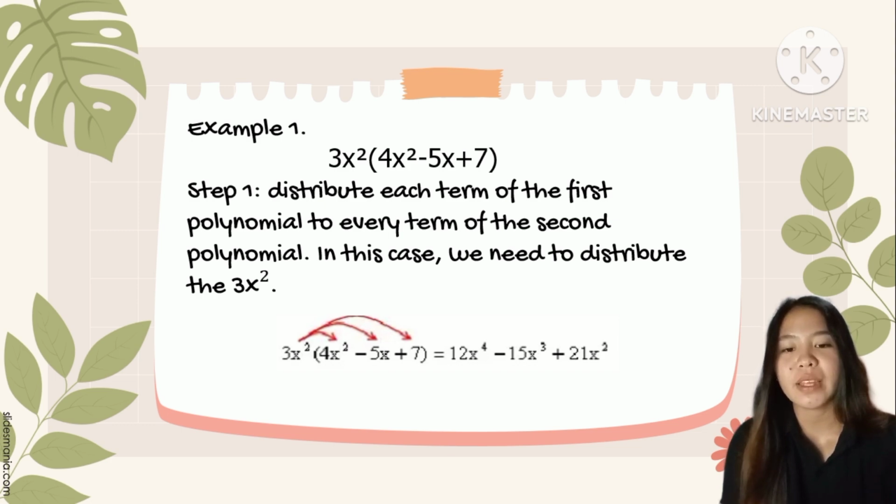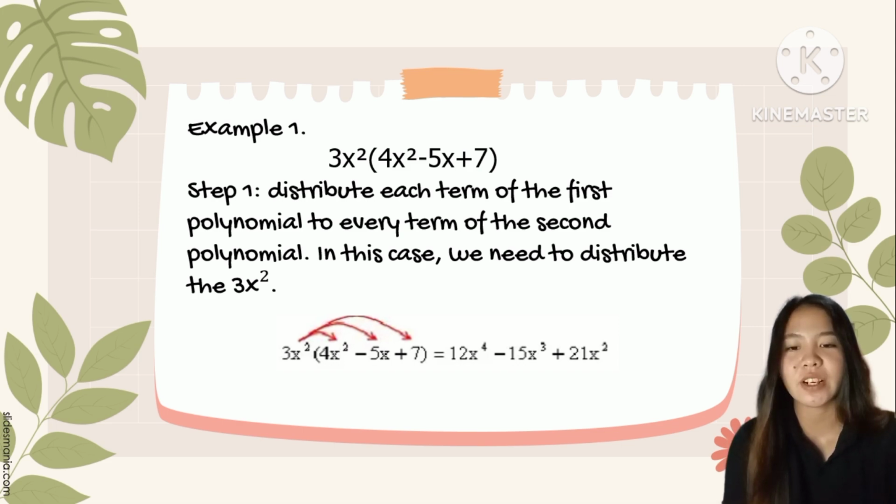Then we add the exponents of 2 and 1. So we got negative 15x raised to 3. Why is it negative? Because the bigger number has a negative sign. So our term is negative 15x cubed. And the last is 3x squared times 7. So 3 times 7 is 21x squared.